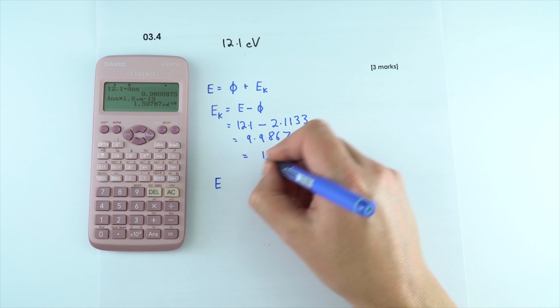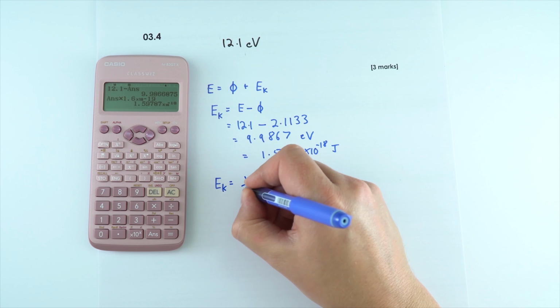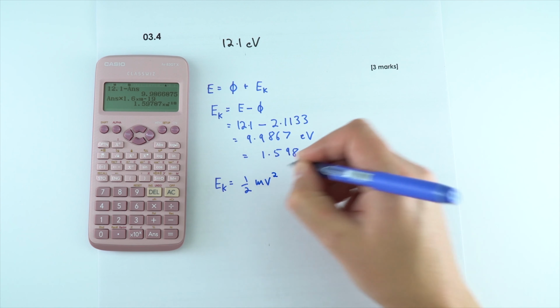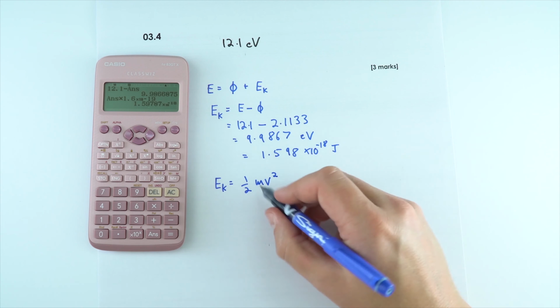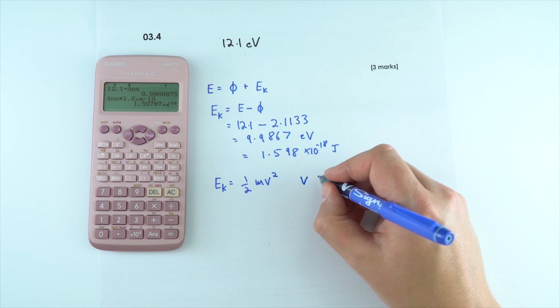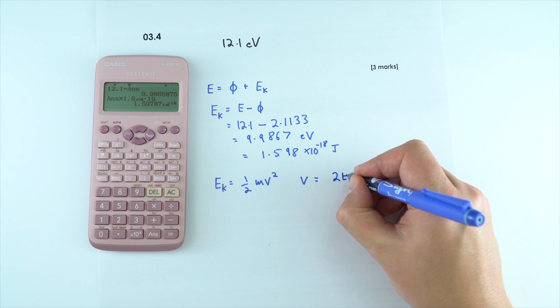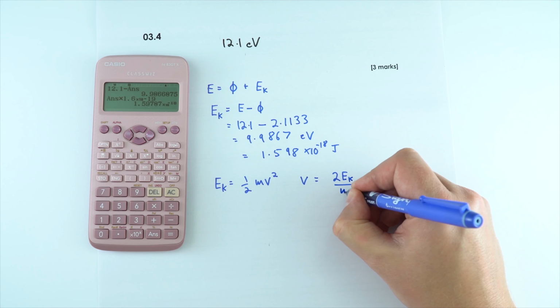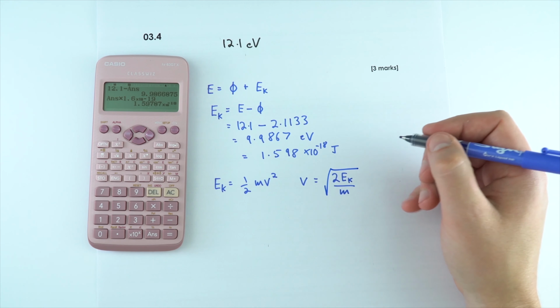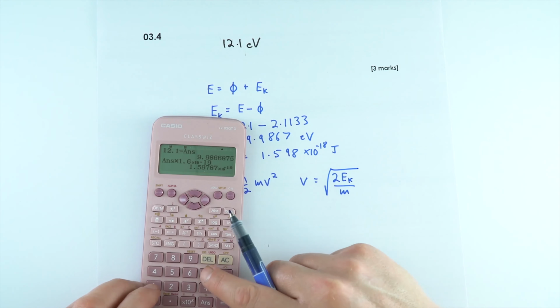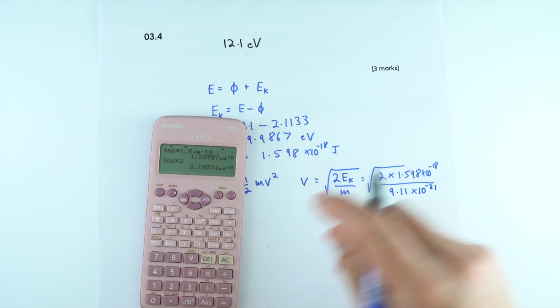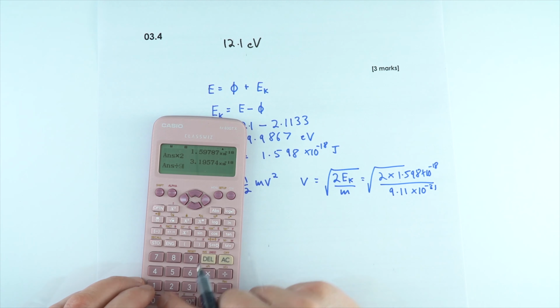We know the kinetic energy is equal to half mv squared, and we want to find out how quickly they're going, or their maximum possible speed. Therefore v is going to be equal to the square root of 2E_k over m. So I'm going to take the previous answer, multiply it by 2, and divide it by the mass of an electron, which is 9.11 times 10 to the minus 31, that you get in your data book.